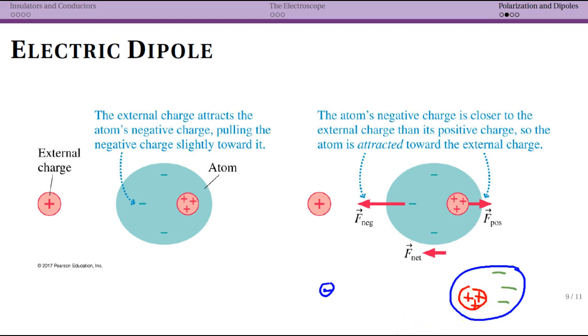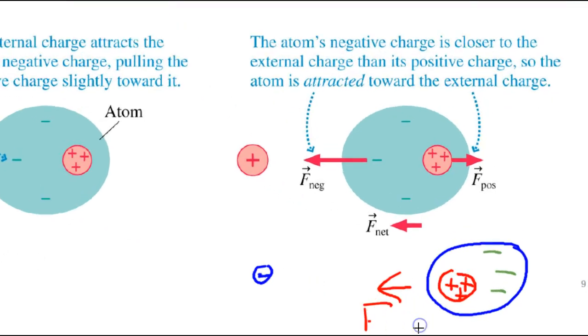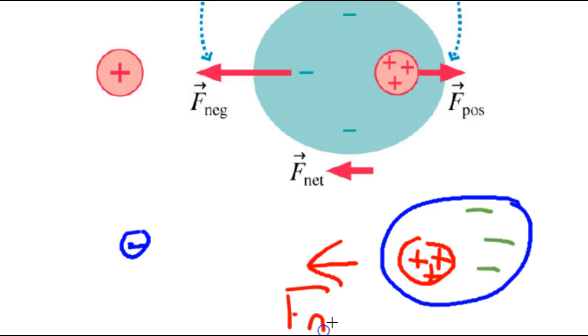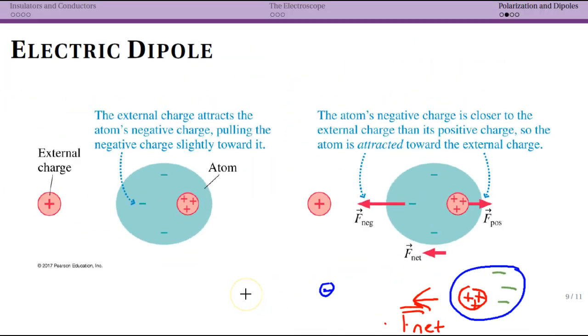So in the case where it's an external negative charge, you still have an F net that is in fact attractive. So this is interesting that whenever you have an external charge and an atom like this that can be polarized but not ripped apart, it is always attractive.